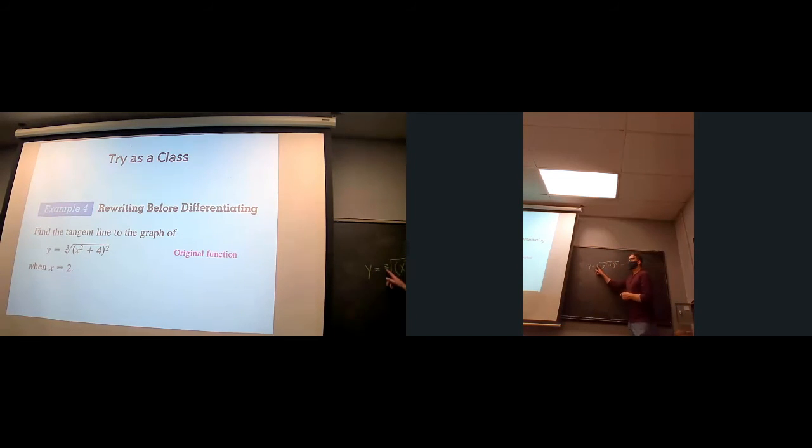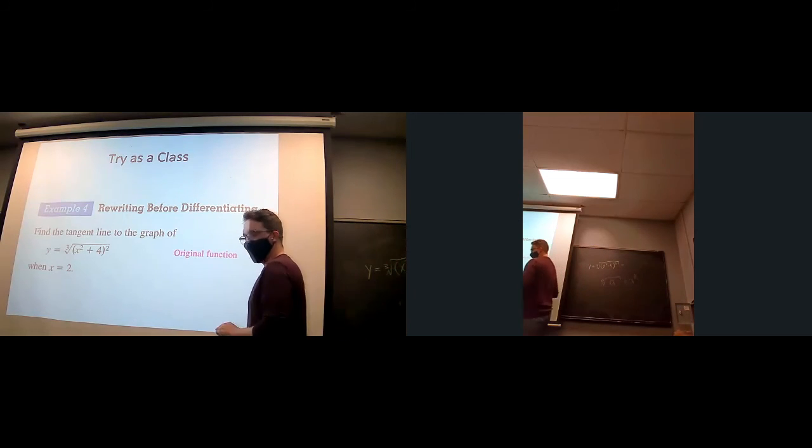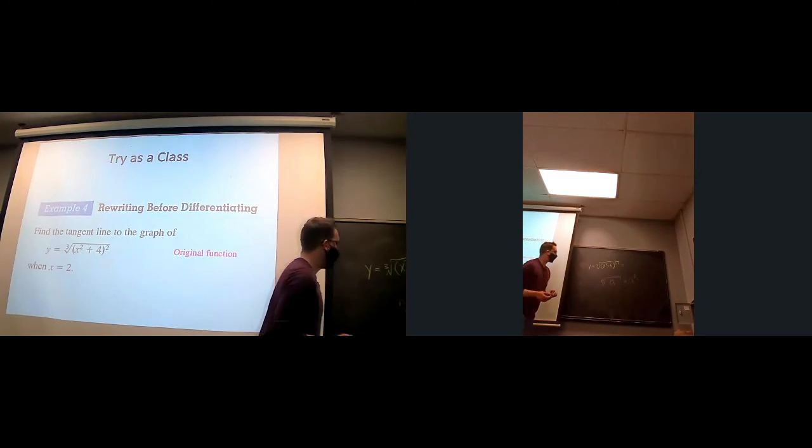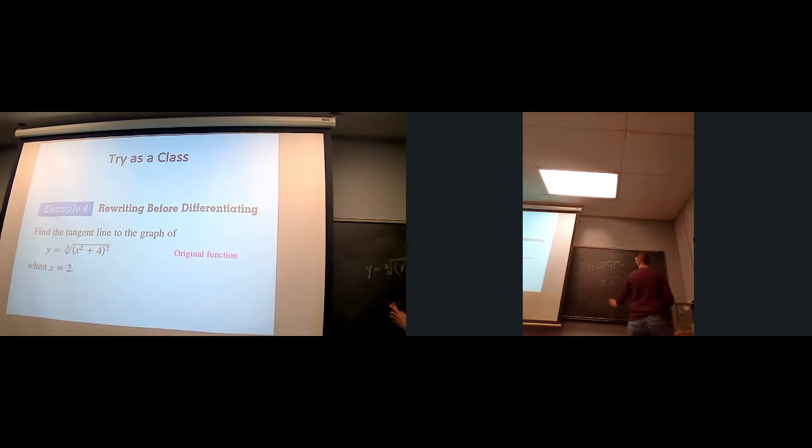Anytime we take a root, we're just taking 1 over that power, right? So we can rewrite everything underneath the radical as x squared plus 4, taking it to the second power, raised to the 1 over 3 power.